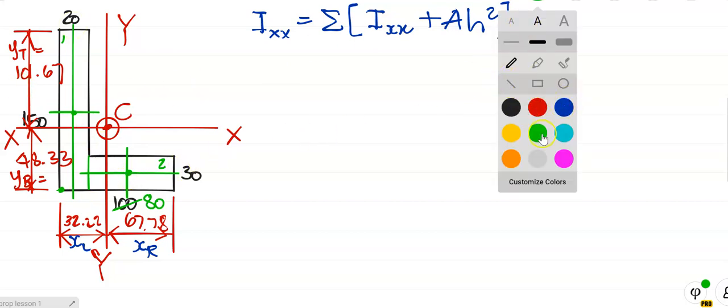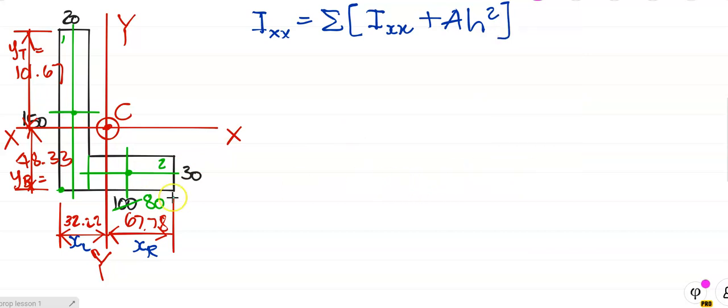This here is the x axis of element 2, and that there is the y-axis of element 2.